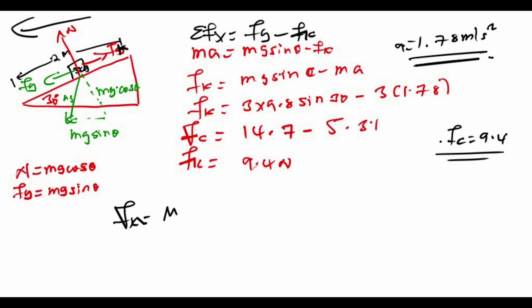But we want to find the mu, so divide both sides by the normal force. So mu is equal to the friction force, 9.4, divided by the normal force, which is mg cos theta.